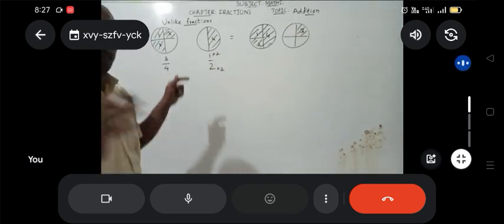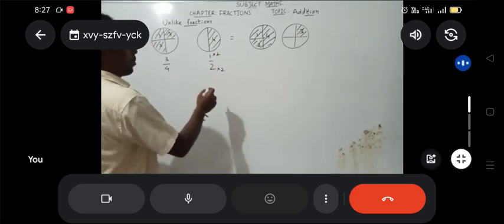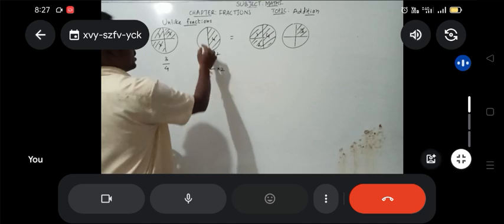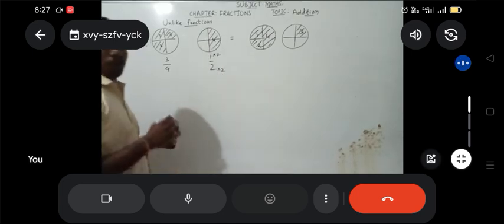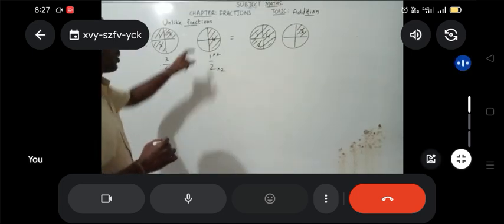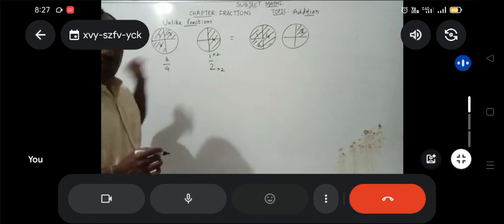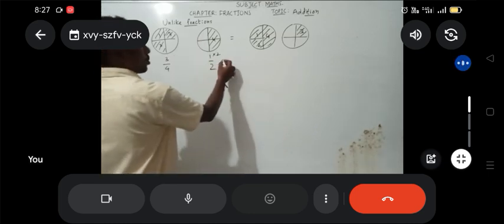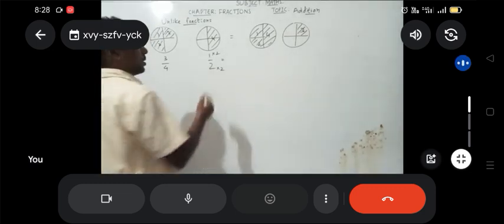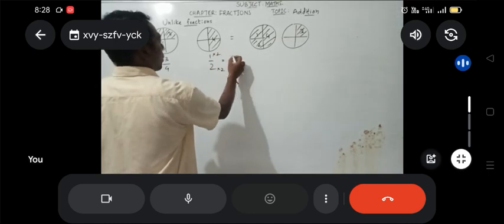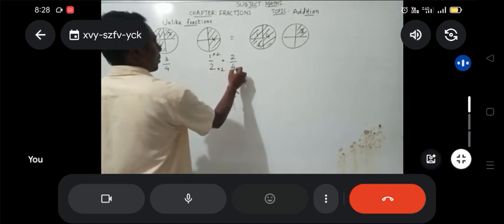Just by observation. What's the meaning of that? I have divided the denominator and numerator into two parts. So now the size will become the same. The new equivalent fraction will be 2 ones are 2, 2 twos are 4.